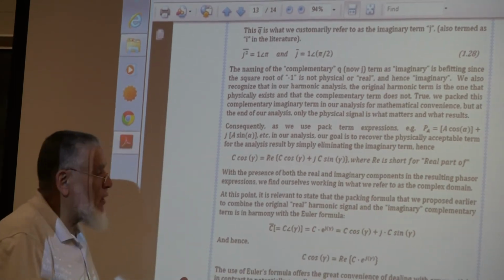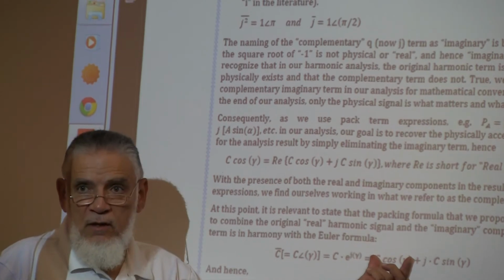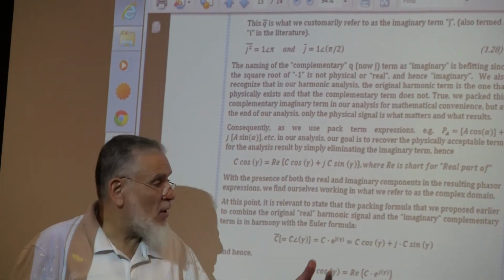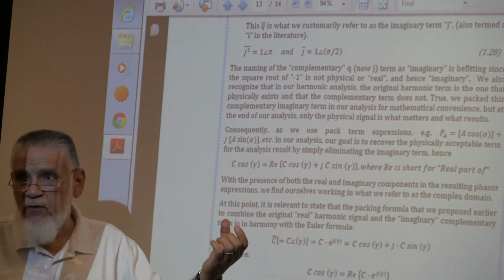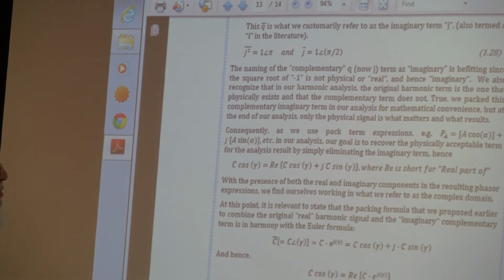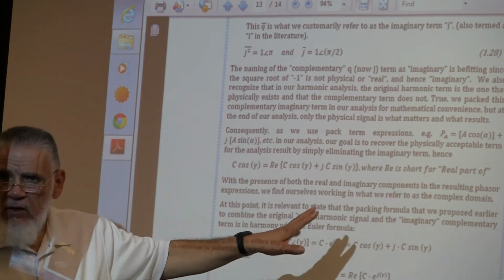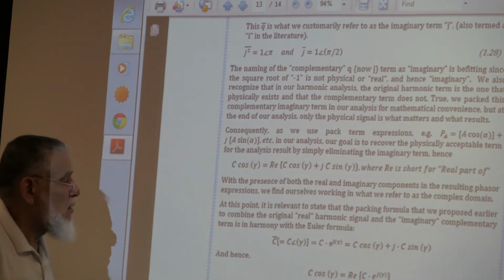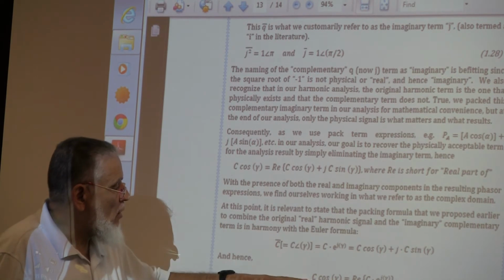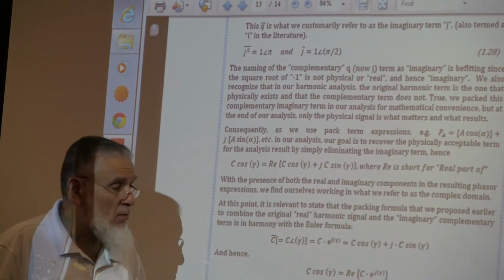That's why, to get back to the physical world, all we need to do is take the real part of that. After you finish all your process, you know that your real part is reserved to contain the proper answer, the correct answer with no errors. Introduction of the j term and the sine term is not going to spoil it for us. So if you want to get back to the time domain or the real world, without the imaginary part, you simply take the real part.